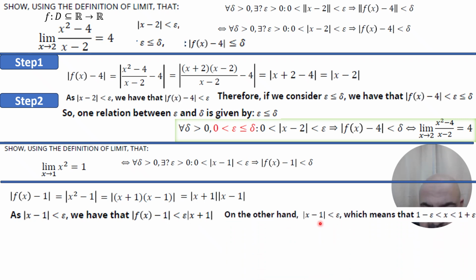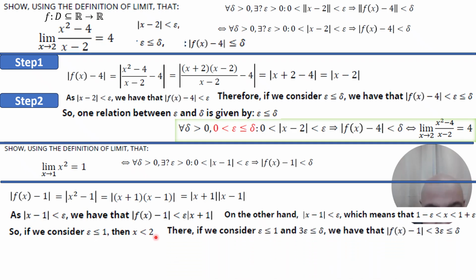Since epsilon is less than 1, now I can say that x is actually in between 1 − epsilon and 1 + epsilon. And from this point, as we already consider that epsilon is less than 1, then x is less than 2, as you will see. Now, for epsilon less than or equal to 1, if you make the substitution of x equal to 2, 3 epsilon is less than or equal to delta.